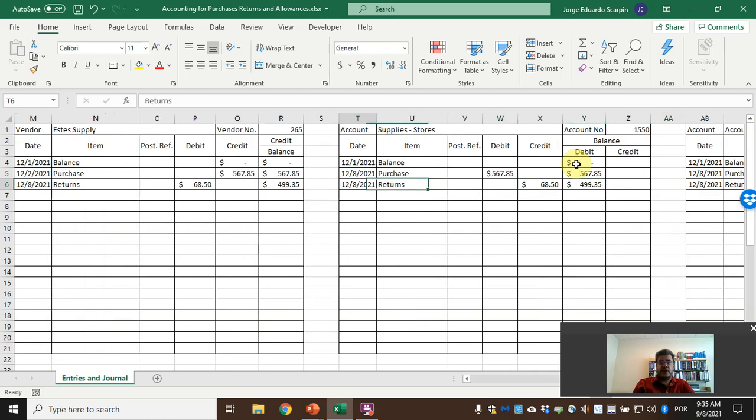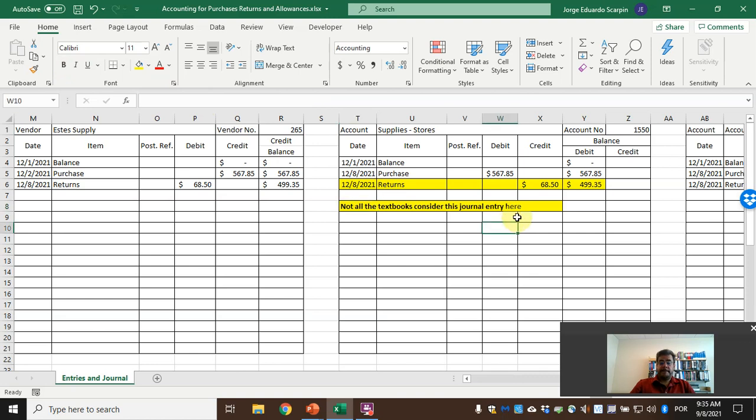So this one, that is our red one. Not all textbooks consider this journal entry here. Okay, let's bold it.